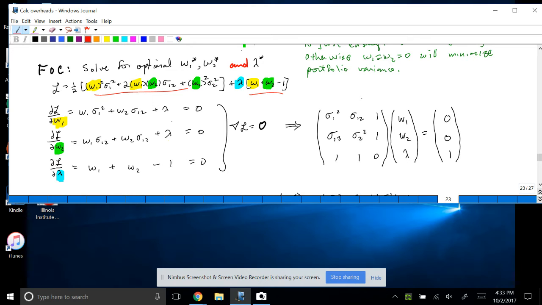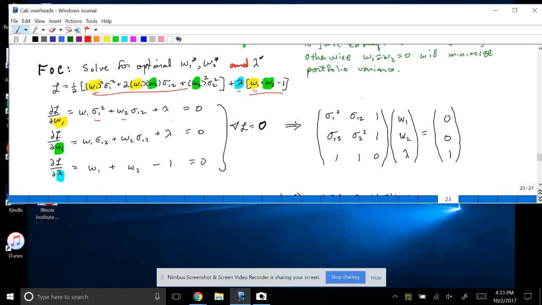All right, so we have the Lagrangian with respect to W1. There is a W1, so it'll be 2 times 1/2 times W1 times the variance, plus 2 times 1/2 times W2 times the covariance, and we got a W1 over here, so plus the Lagrangian.